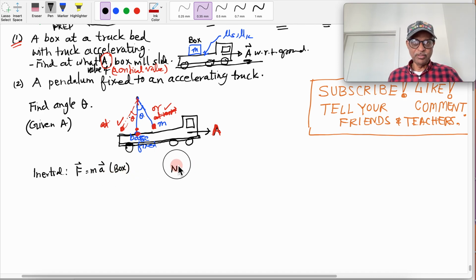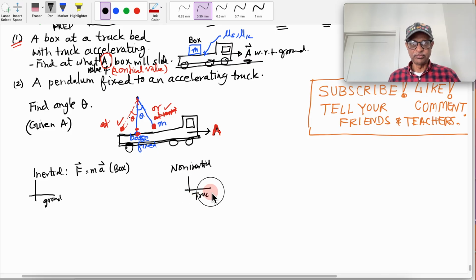And in a non-inertial frame, this will be the frame tied to the ground, and this will be the frame tied to the truck. This is accelerating. In this frame, the truck was accelerating at A, so I need to add a fictitious force of minus little m A.